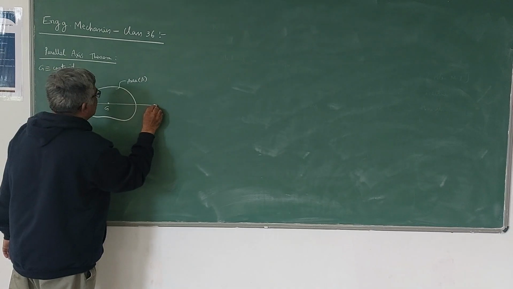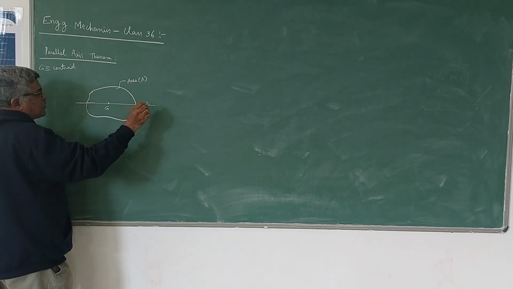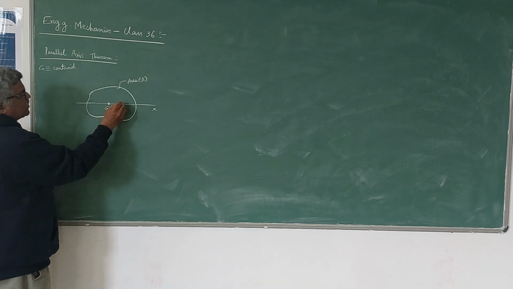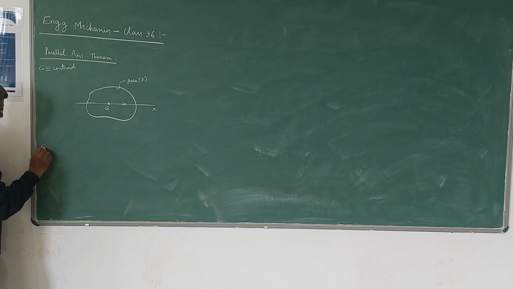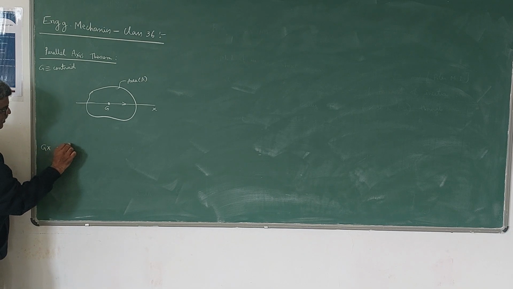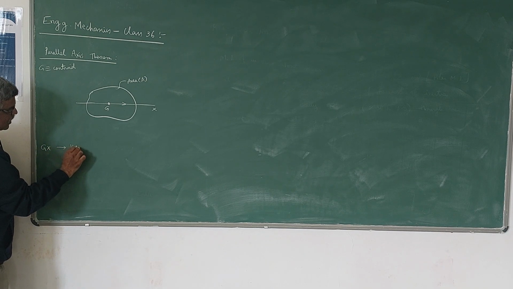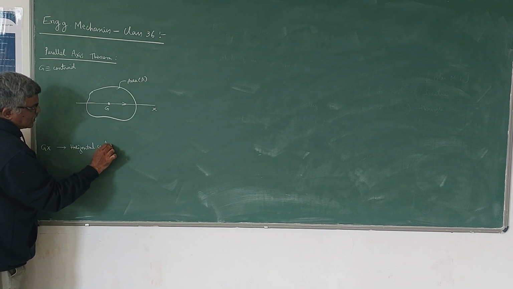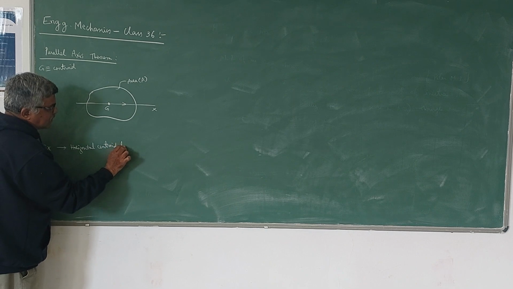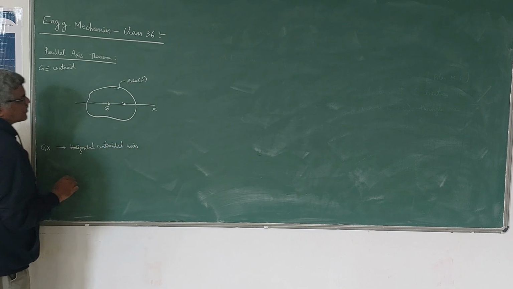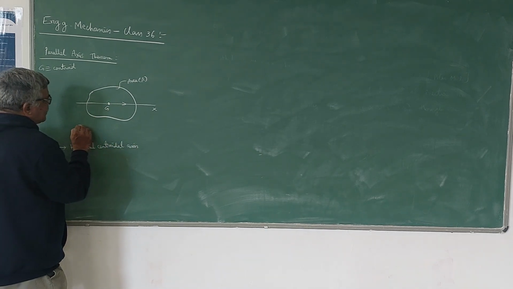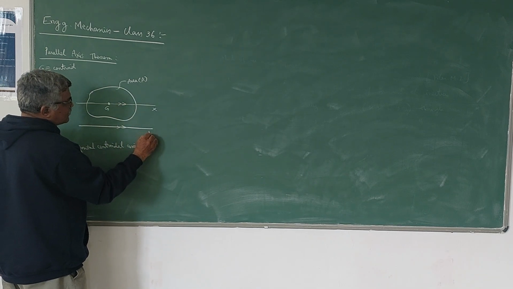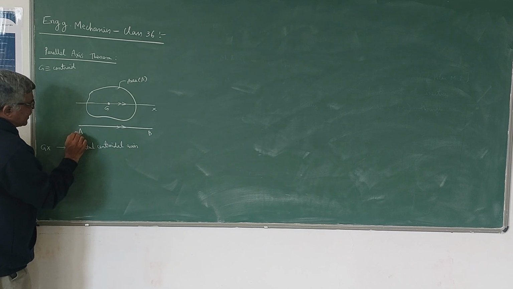I will draw the axis passing through this G, a horizontal axis passing through G. So this GX can be taken as the horizontal centroidal axis, because it is passing through the centroid and it is horizontal. Now we will take another axis which is parallel to this GX axis, which I will call AB.